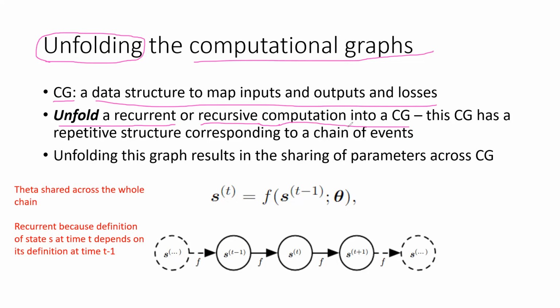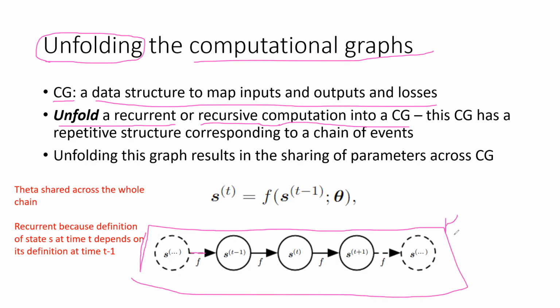So unfold into a computational graph. The very basic graph looks like this. Like I told you, let's consider that this is the hidden layer of the recurrent network. So I will put that as the hidden layer.